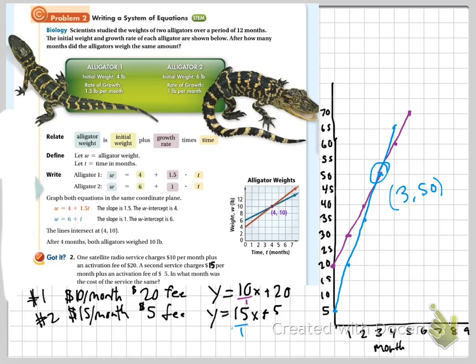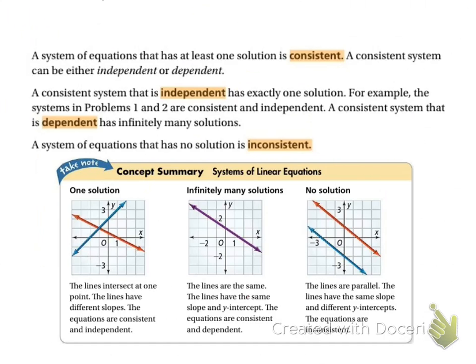But if you were going to have it for less than 3 months, then it makes sense to go with the blue guy because that's cheaper. But if you're going to have it for more than 3 months, then it makes sense to go with the purple guy because it's going to be cheaper for more months. So our solution is $350. So in the 3rd month, the cost of the service is the same.